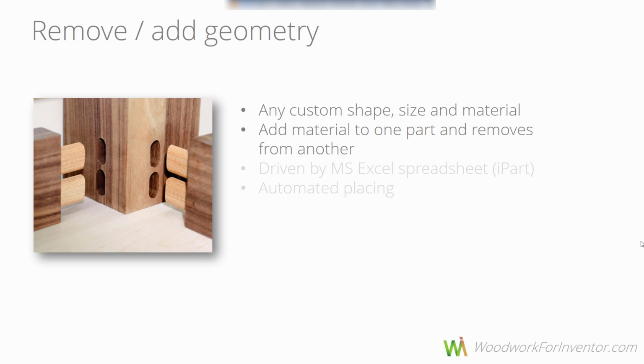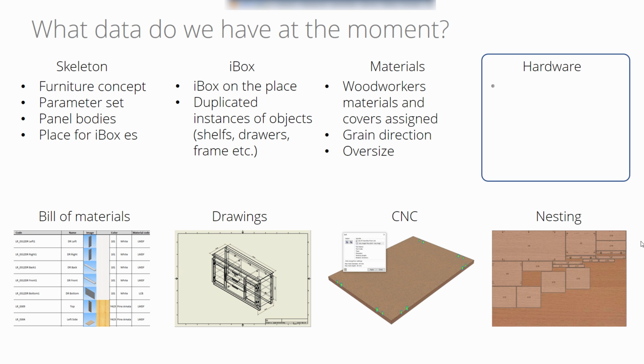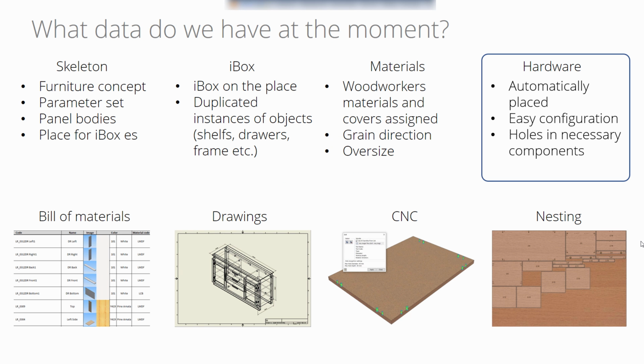That's why it's called sculpt, not hole or something, because it allows you to work like a sculptor, removing material in one place and adding it to another. Okay, so once we place the hardware, we get it in the right place automatically. It's easy to change the configuration of the hardware, and we get holes in the right place.